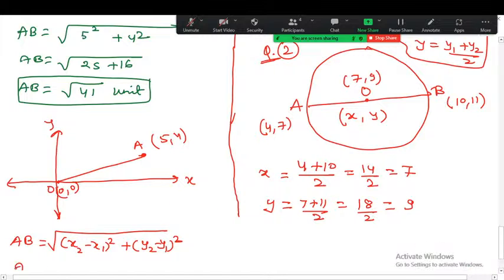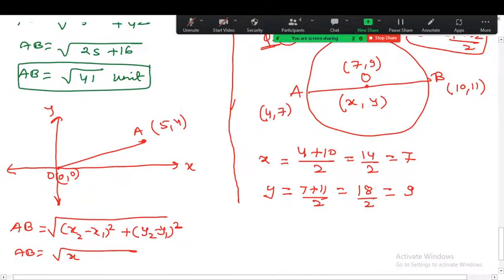That is why our formula will be x2 square plus y2 square. For this question, let's say this is the third question, if I want you to answer OA, you will call it 5 square plus 4 square under root.